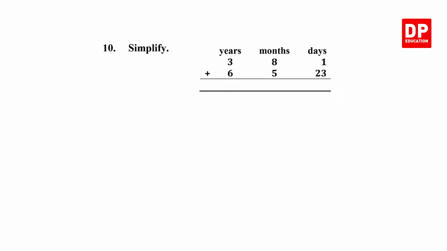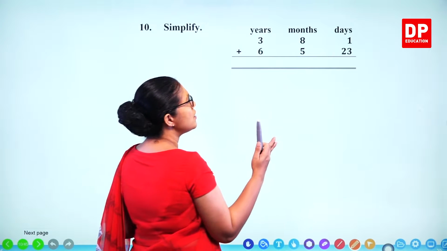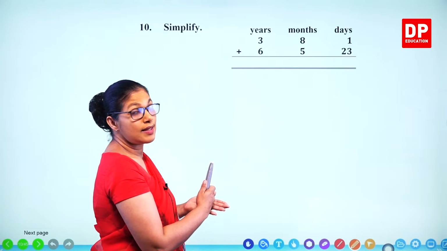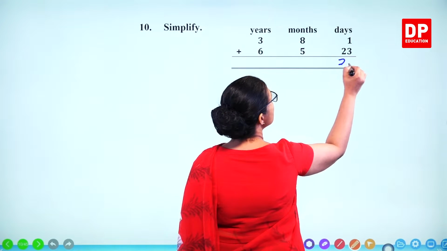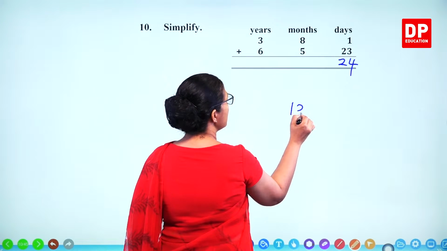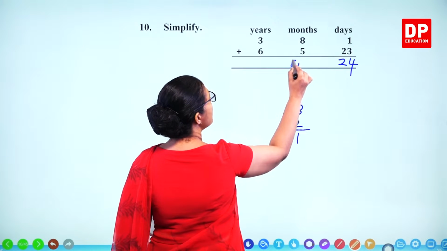Question number 10. Simplify. You have to add years, months, days. First we'll add the right hand side, days. 23 plus 1, 24. You can take 30 days as 1 month, so this is less than 30 and you can write 24 days. 8 plus 5, 13. 13 months are not there, so you have to subtract 12. 1 is remaining.